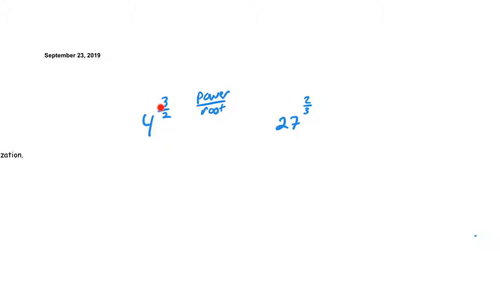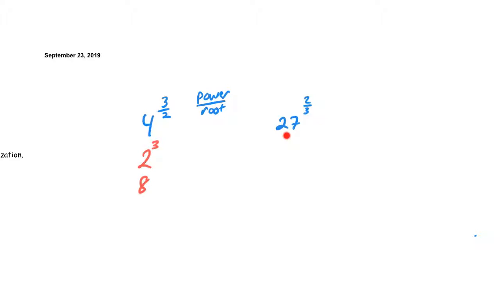I'm cubing the number and I'm taking the square root. And so my advice to you is to always do the root first. So in this example, I would take the square root of 4, that's 2. And I still have to cube that number, and then 2 cubed is 8. So 4 to the 3/2 power is 8, because the square root of 4 is 2, and then 2 cubed is 8.